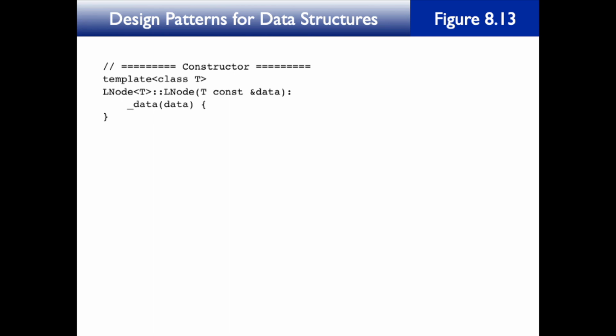Figure 8.13 shows the constructor for a node. Previous versions of the DP4DS distribution software required a constructor for the binary tree itself. However, now that we are using shared pointers, we no longer need a constructor for the binary tree.